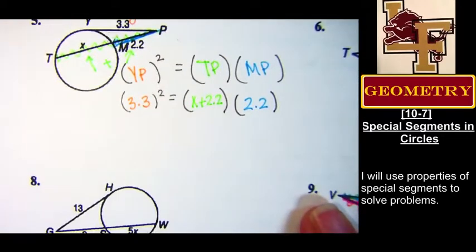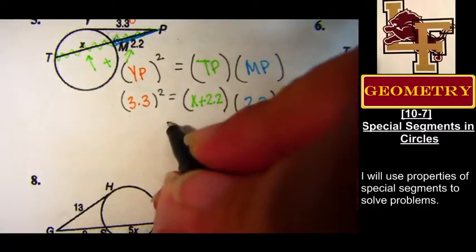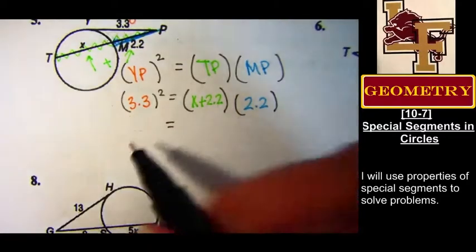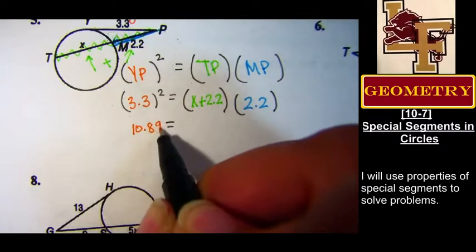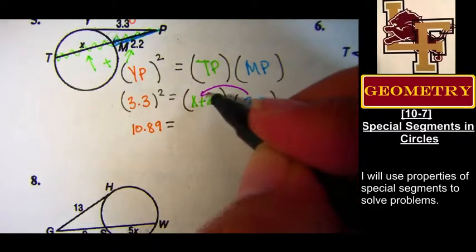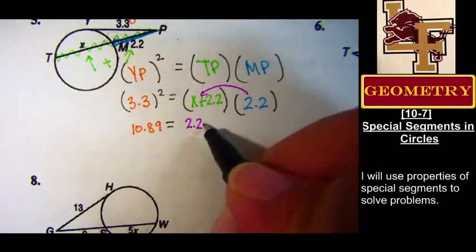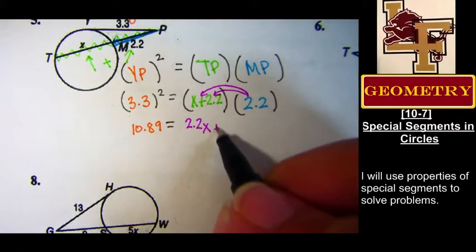All right, I'm going to need help from calculators. 3.3 squared. 10.89. All right, now here I'm going to distribute. 2.2 times x I can do. 2.2 times itself I can't do in my head. I need help.